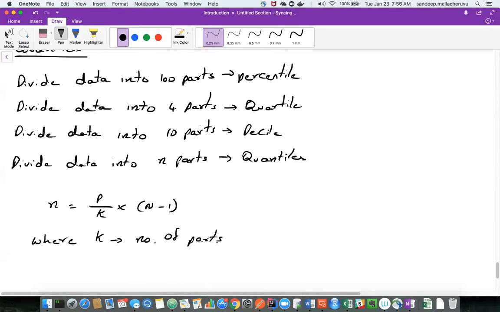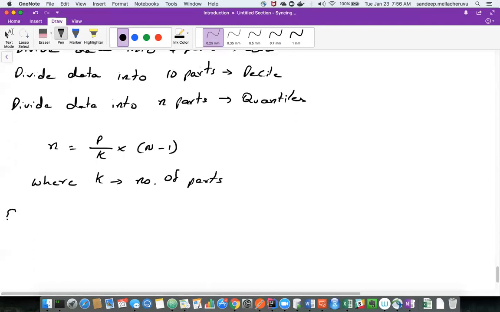Okay, is this clear? Yes. So let's solve one more problem on quartile and then close this session today.